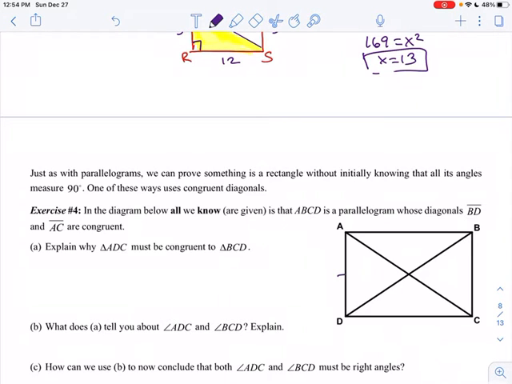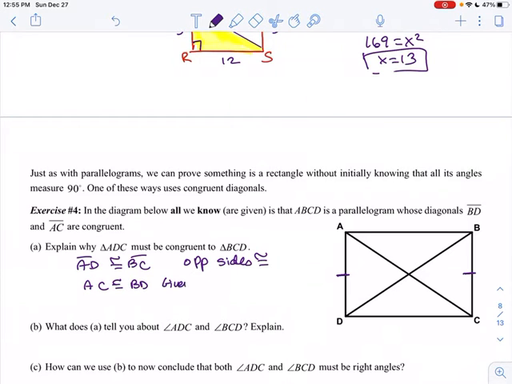Well, we really just did that on the opposite side, and basically this is congruent to this. So AD is congruent to BC because opposite sides are congruent. AC is congruent to BD, and that's in my given.